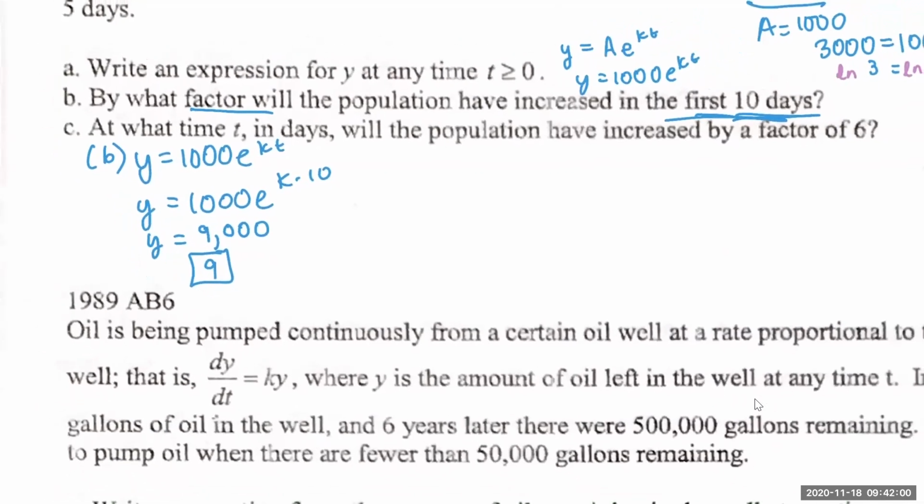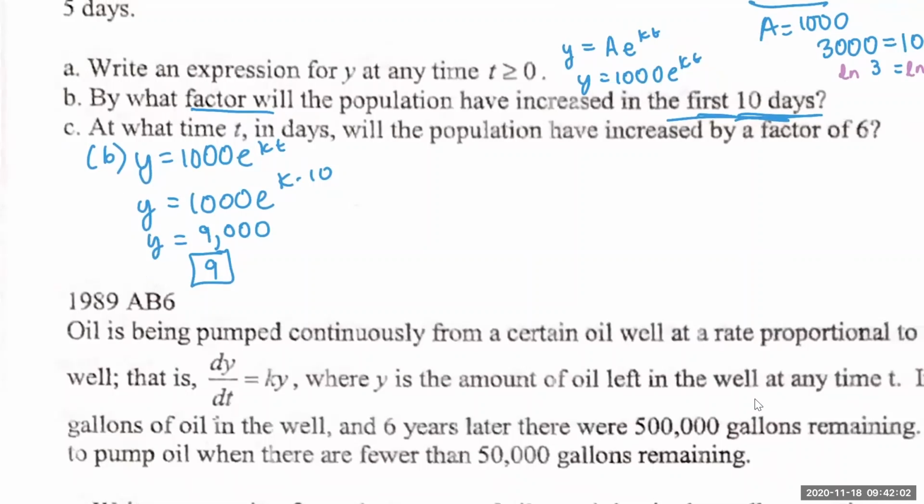So now part C, at what time t in days will the population have increased by a factor of 6? So go ahead and solve for that next. Again, now we know, okay, by a factor of 6 means 6,000.